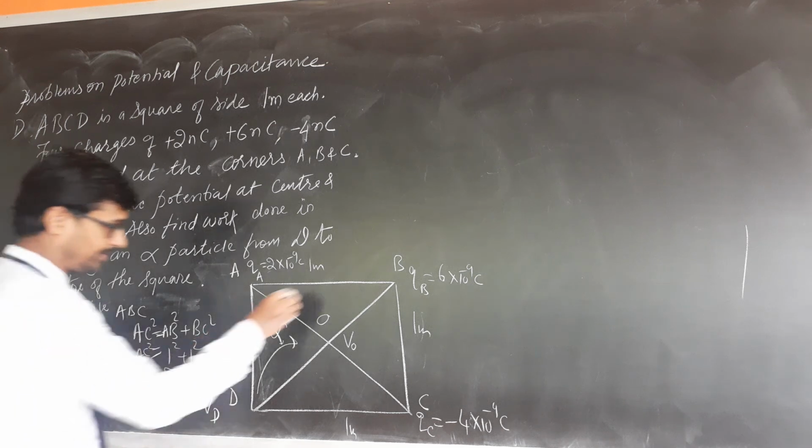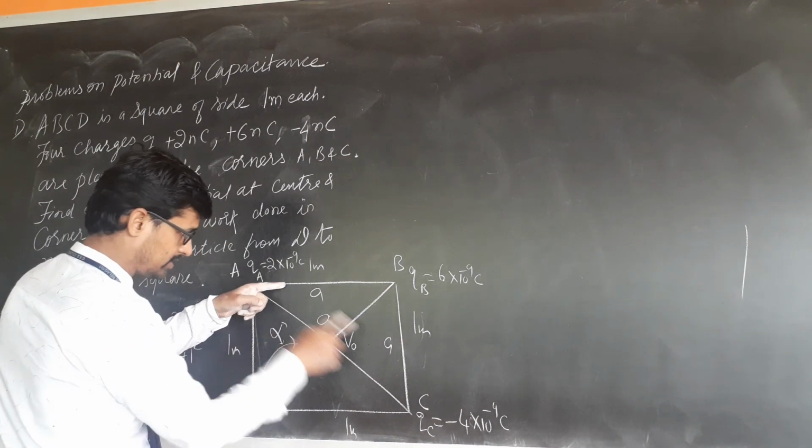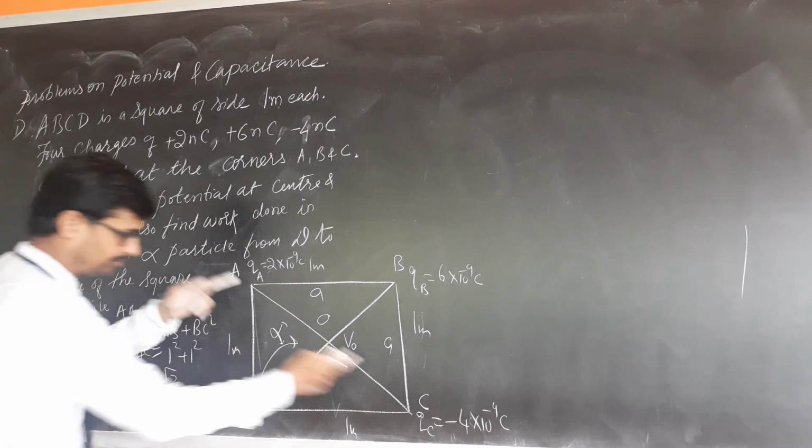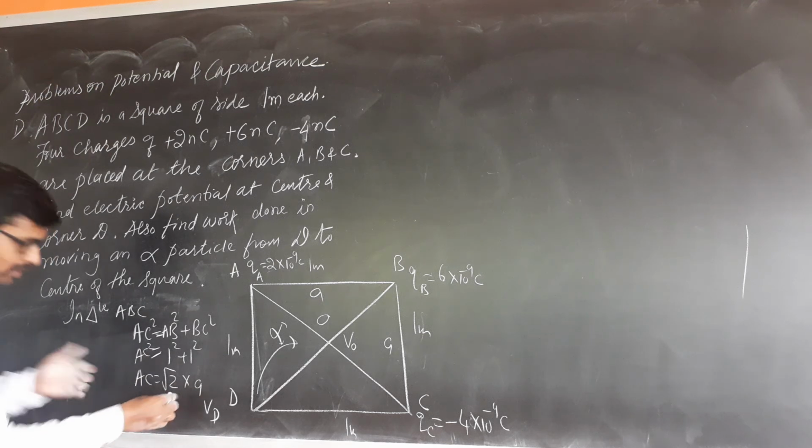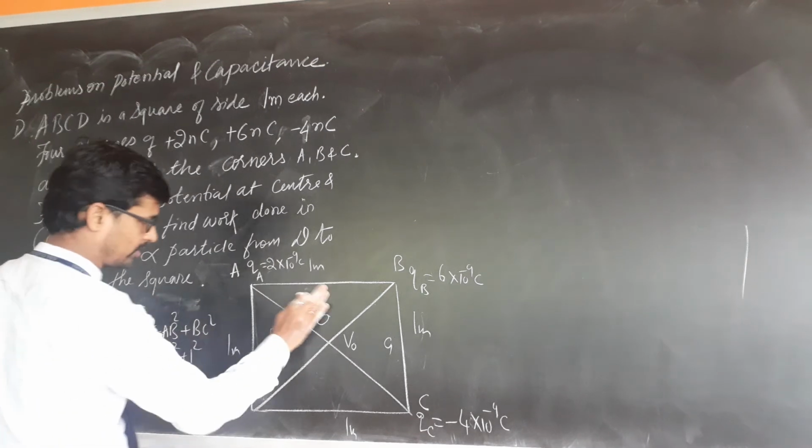I will tell you the general formula: if each side is A, the length of the diagonal is root 2 into A, root 2A. Let us take it as 1 and 1 now.